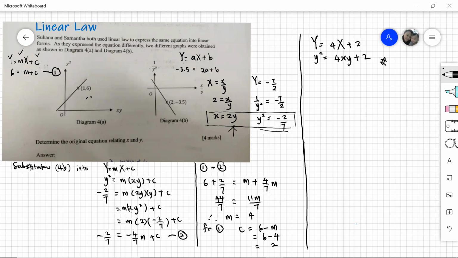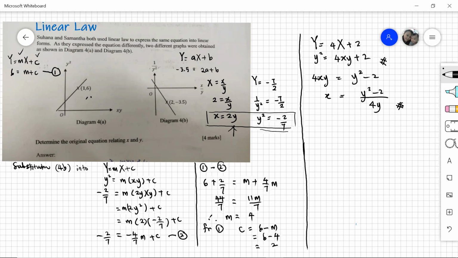Now, in order for us to check whether this answer tallies with the first method in the first video clip, where we take x as the subject, let's rearrange. We will have 4xy equals y squared minus 2. To make x the subject, we have to change the 4y across to the other side. So this is our answer.